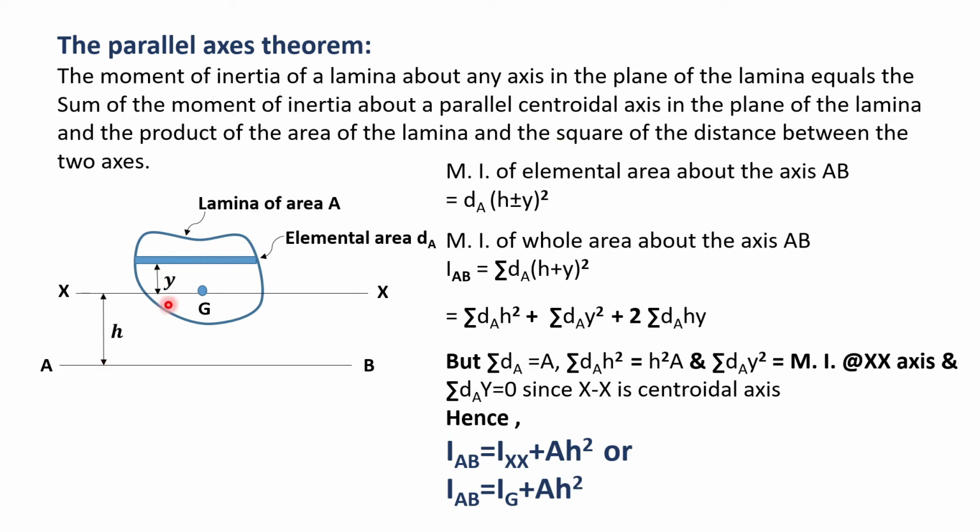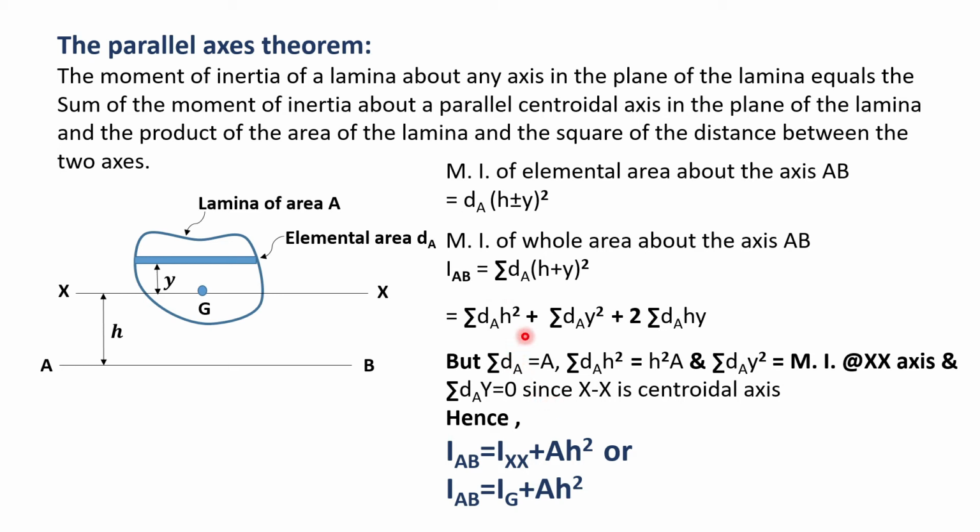For this proof, you can see that we are considering an elemental area on this lamina at a distance y from the centroidal axis. So for the whole area, IAB is equal to this area dA into the distance square, h plus y square, and for the complete lamina we have to do the summation.